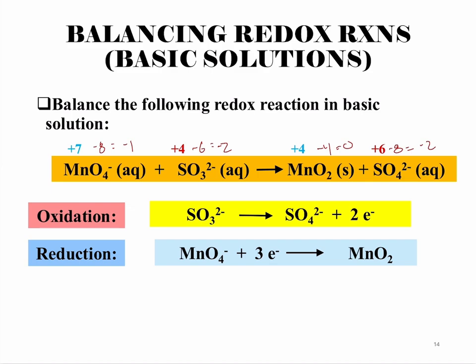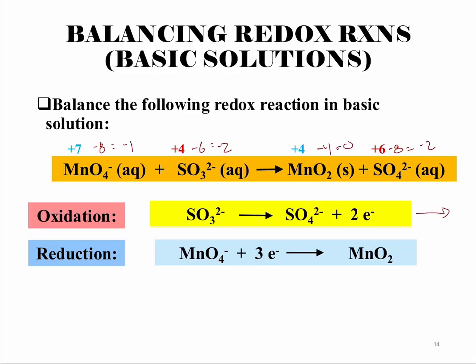So what happened? Did we gain or lose electrons? We lost electrons, right? We became more positive, which means we lost electrons, right? So this was our oxidation reaction. Manganese goes from +7 to +4, so we go to a smaller positive charge, which means we gained negative charges. So that was reduced in that process.